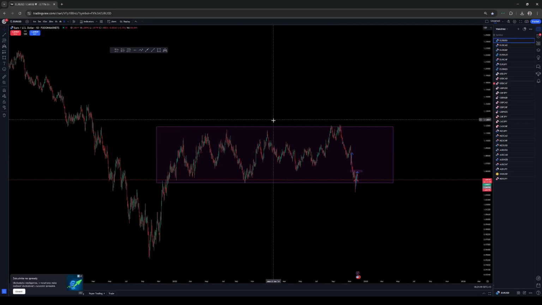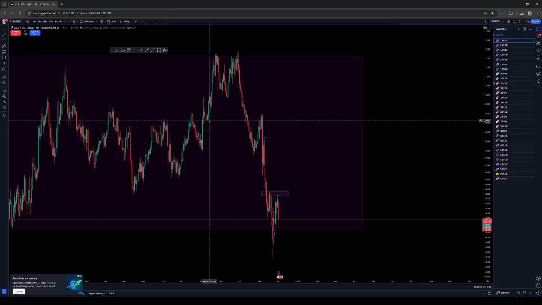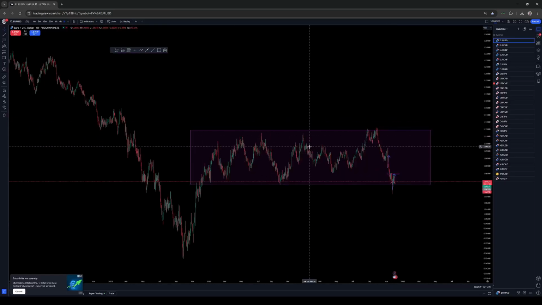If we have a closer look, we saw that the price was ranging more in the upper part of this range, then it was like a double top, and then went straight down to the bottom of this range.